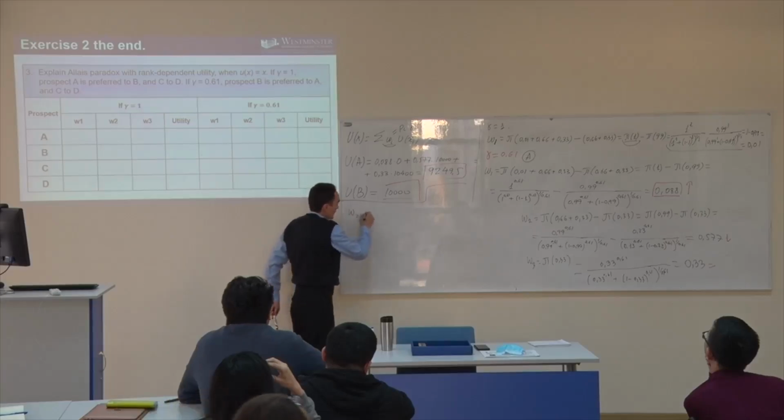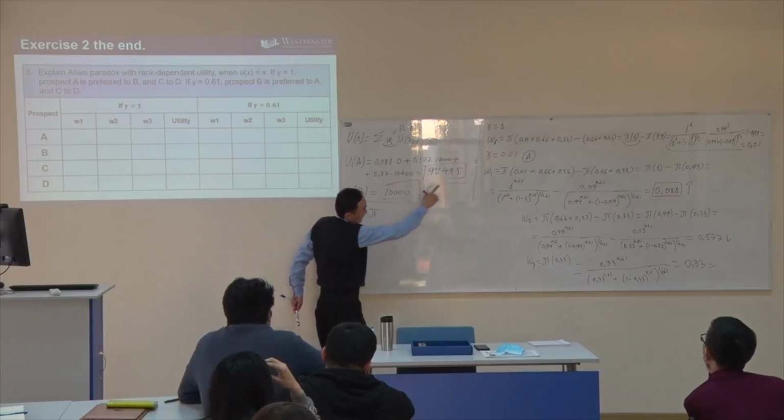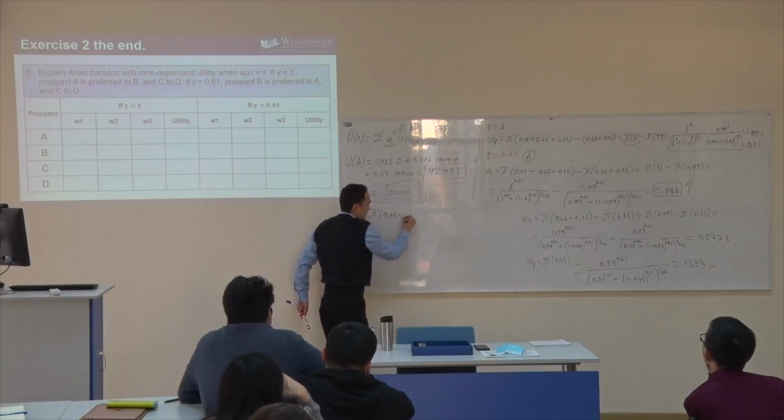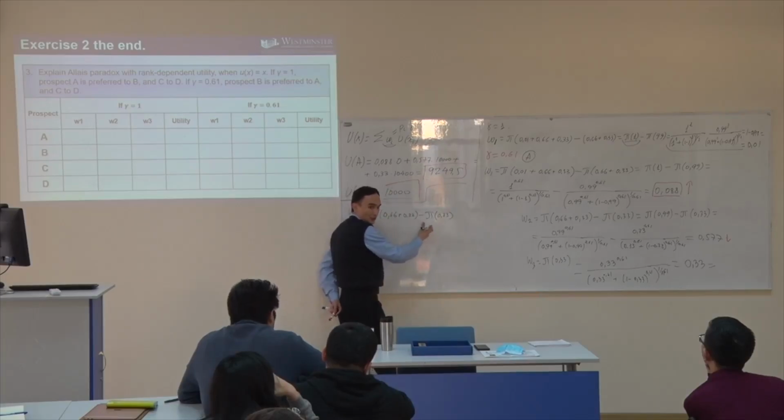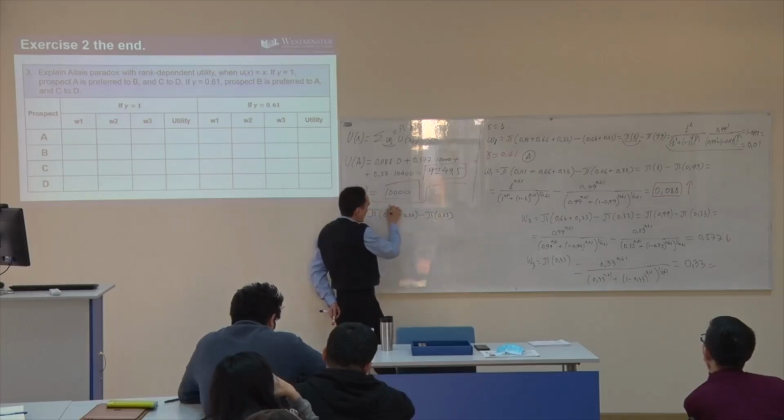W2 equals pi, second worst, right? 0.66 plus 0.33, is it the case? Minus this one, which is going to be 0.33, right? Second worst, best one, and the last one. This is pi i plus 1, this is pi n, the last one.